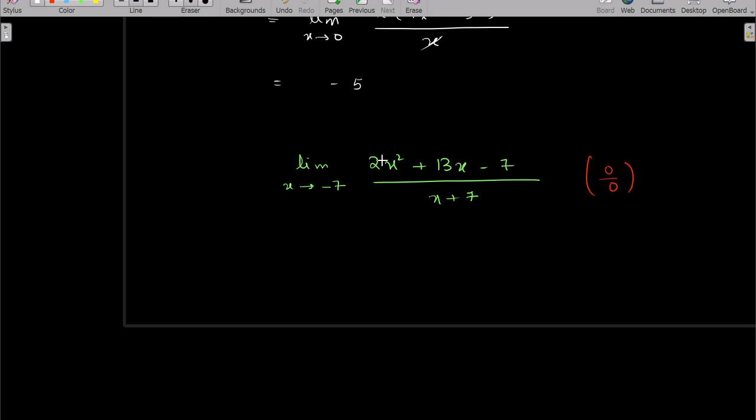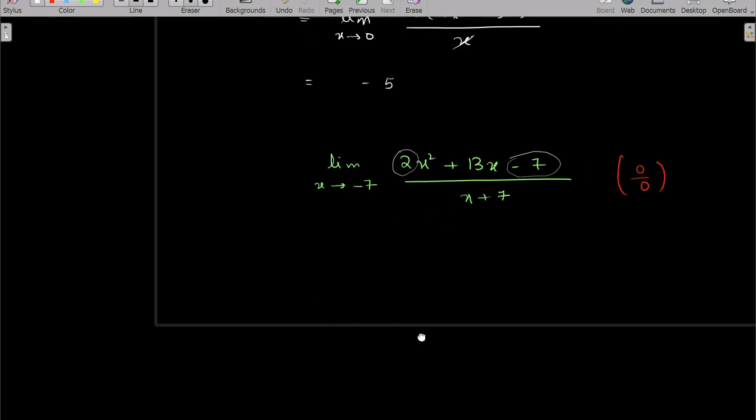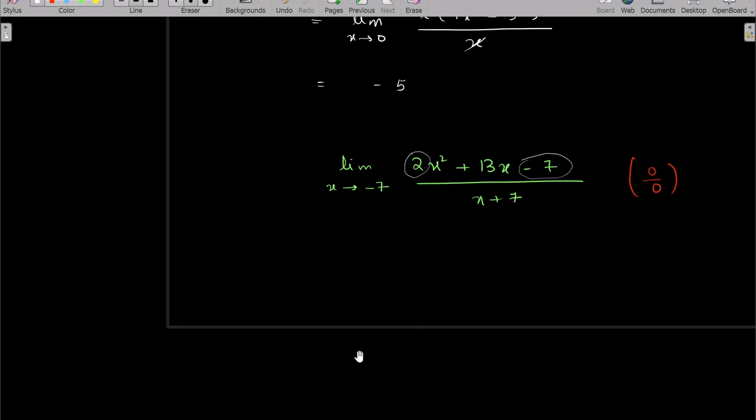Whenever you have a coefficient of x squared that is not 1, multiply a and c first. So 2 and negative 7 will be -14. Now find factors of negative 14 so that by adding them you get 13, the b value.